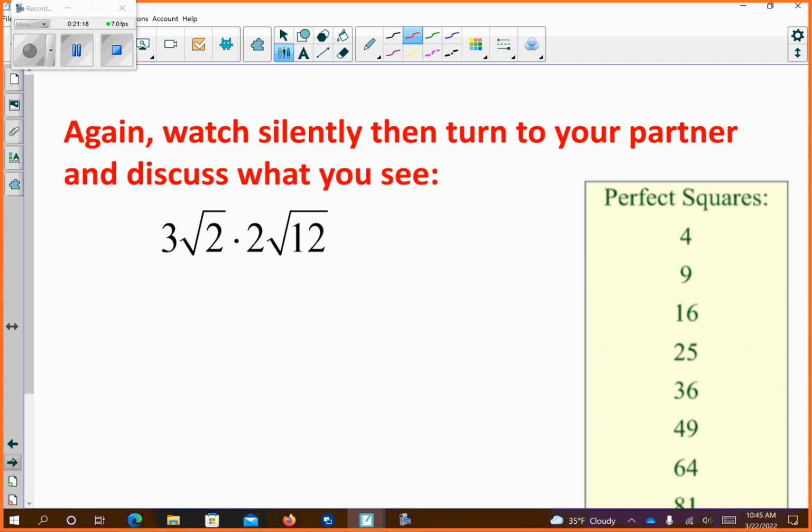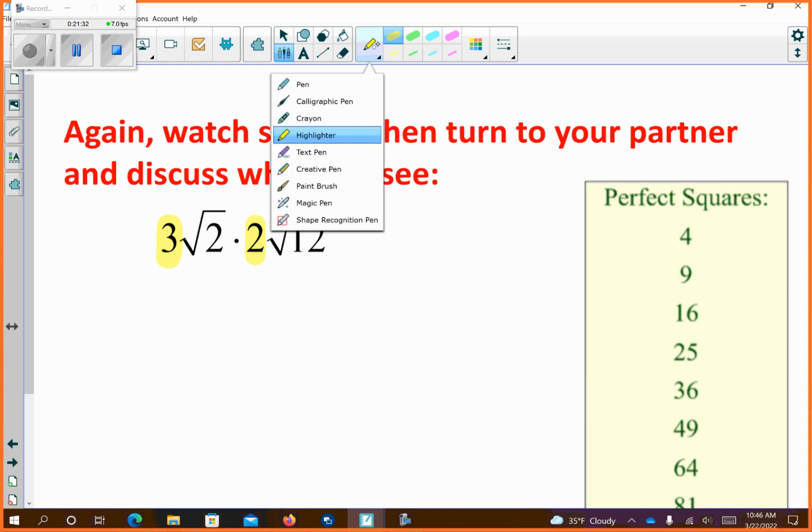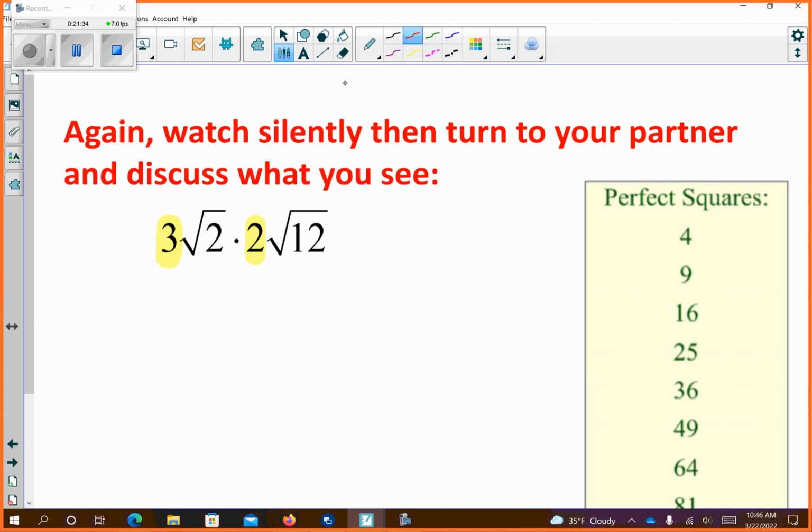Does that make sense? So this 3 and this 2 are both outside the radical. So I have this and this. They're both outside the radical. Well, I'm going to think about this. 3 times 2 is 6. Okay. Now, I'm okay so far. Everyone follow the math I just did?